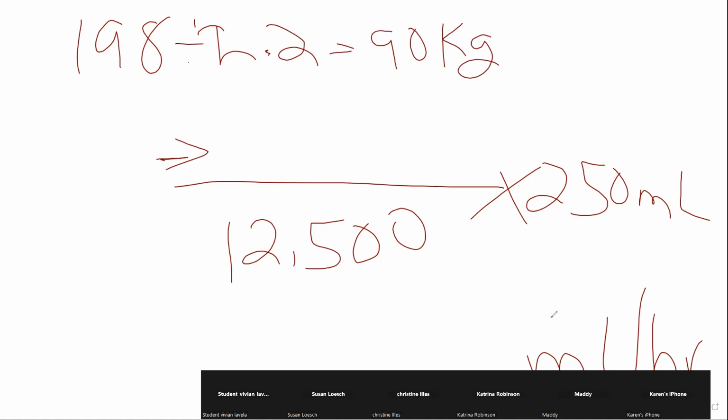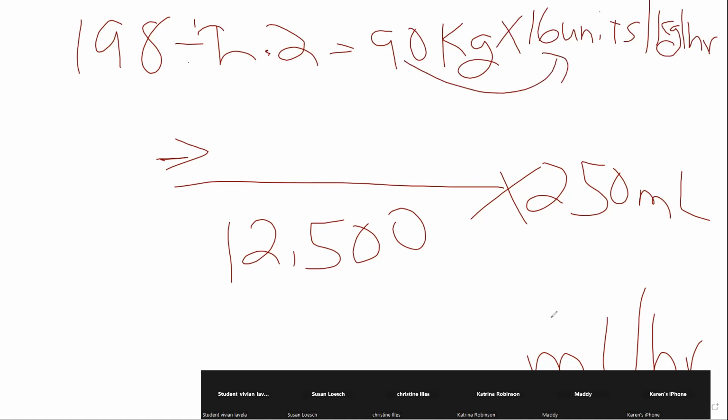Ordered was 16 units per kilogram per hour. So we're going to take our 90 times our 16.